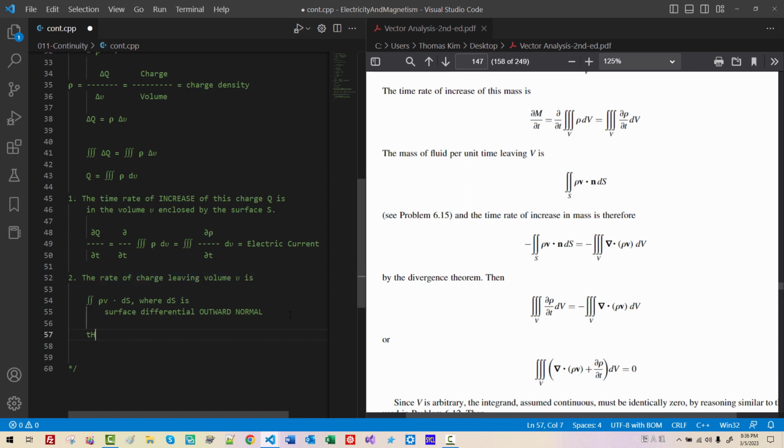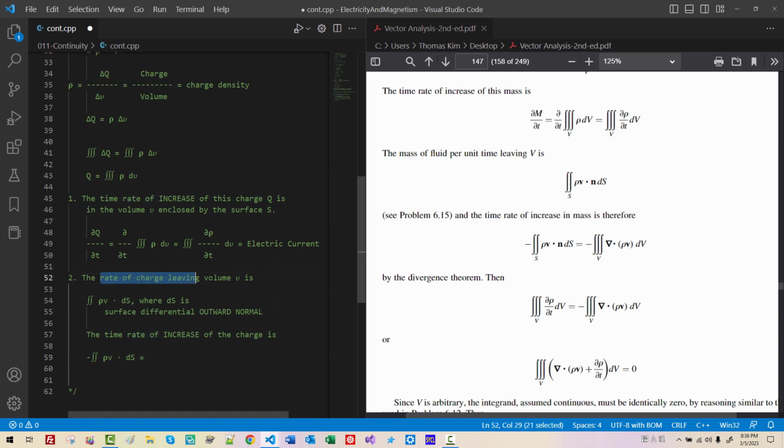That means the time rate of increase of the charge should be negative, like this.